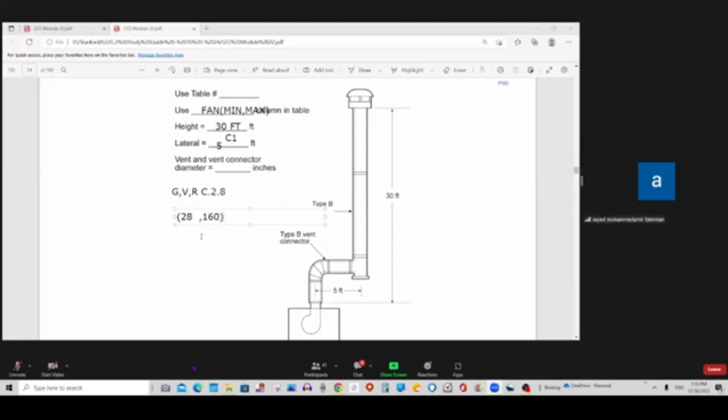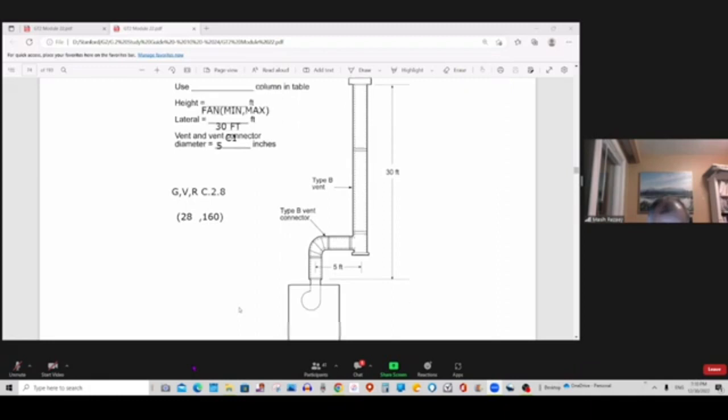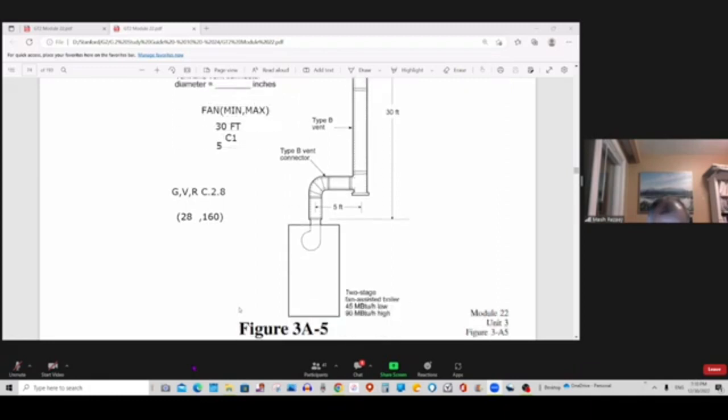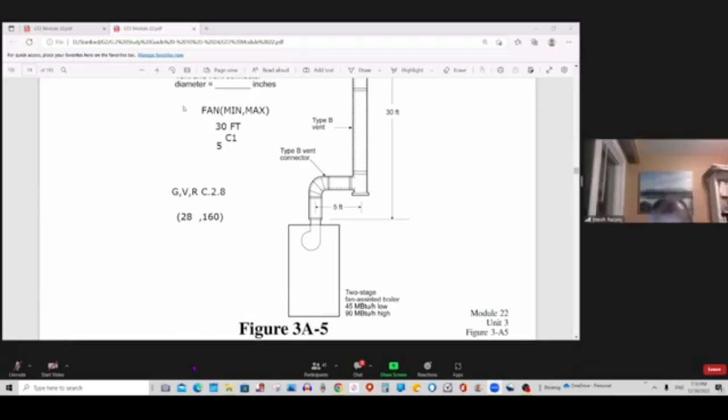Yeah, sir. Here in C.2.8 it says on modulating, here we have 45 and 90, right, sir? Yes, sir. See here, minimum should be less than the lowest, and the maximum should be more than the highest, which it is.